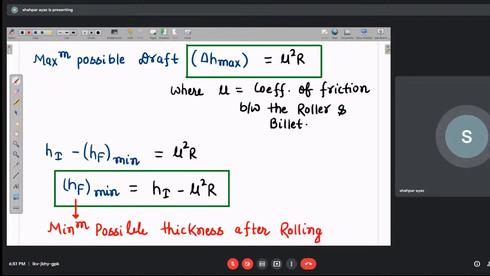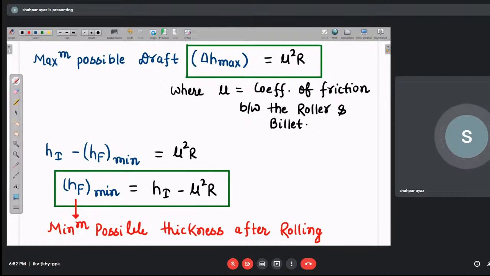Clear? Now the next problem is HF minimum. I hope this is clear.